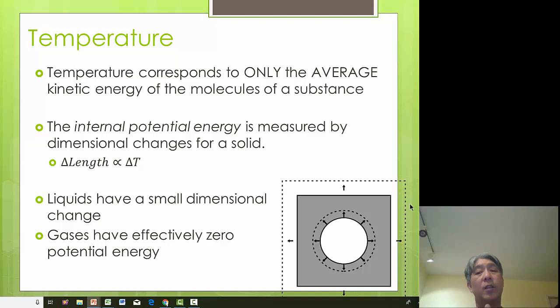Okay. The potential energy for solids and liquids are measured by expansion. Okay, remember when I add energy to a substance, it gets hotter. The bonds between the molecules tend to stretch. Okay, and so there's more space between the molecules.